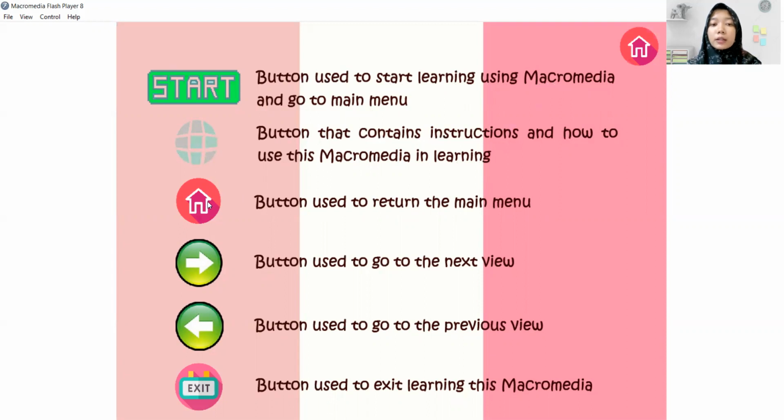Home button is a button used to return the main menu. Next button is a button used to go to the next view. Previous button is a button used to go to the previous view, and the exit button is a button used to exit learning this Macromedia.